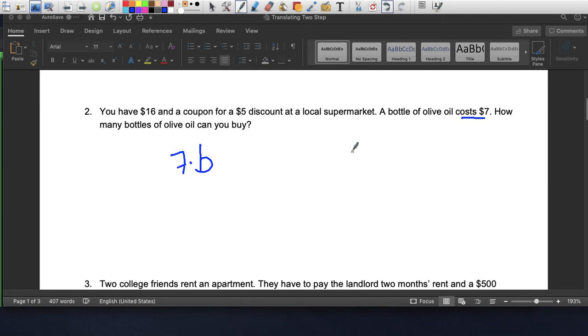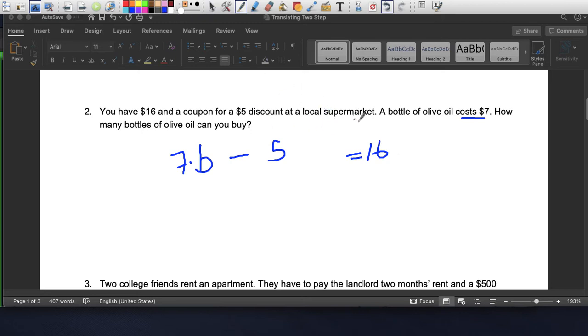And all that has to equal 16. We're missing a part here. It's going to be either plus or minus a constant if it's a two-step equation, and in this case it's going to be a minus because I'm receiving a discount. So I go to the supermarket, I buy however many bottles, each bottle is $7, and then I get a discount of $5, and it ends up costing me 16 bucks. So how many bottles can I take home?